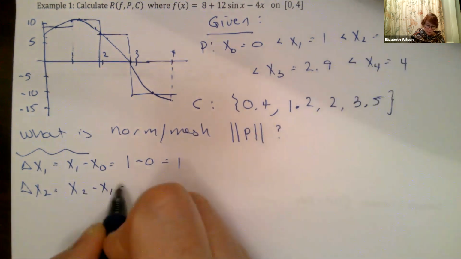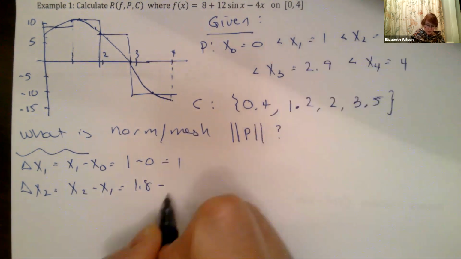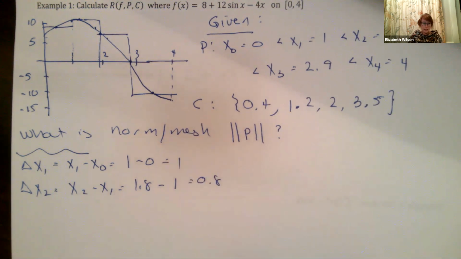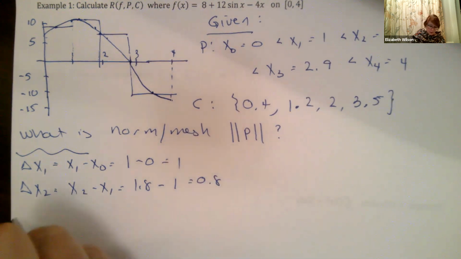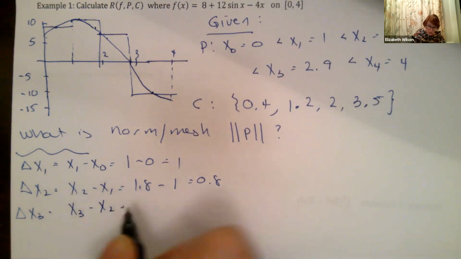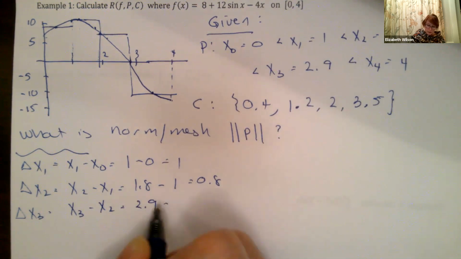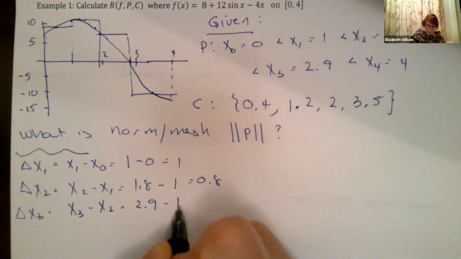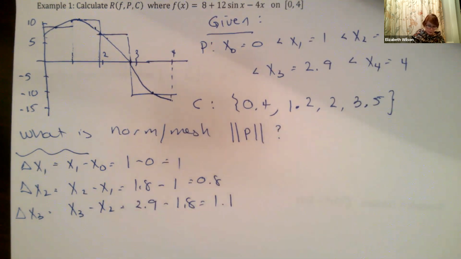So x2, 1.8 minus x1 is 1, 0.8. Delta x3, this is going to be x3 minus x2. So that's 2.9 minus 1.8. It's equal to 1.1. Delta x4, which is equal to x4 minus x3.